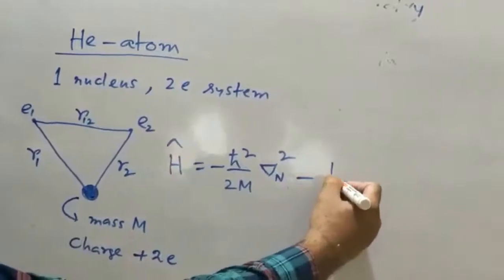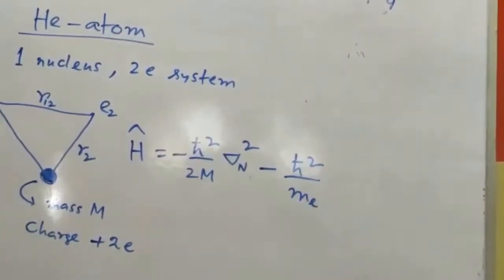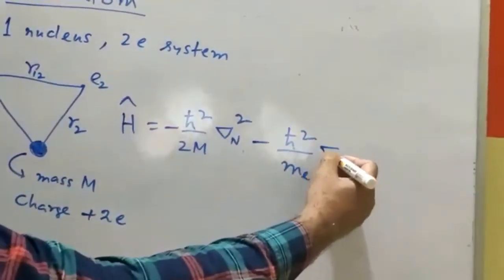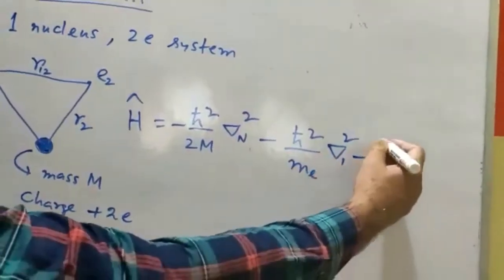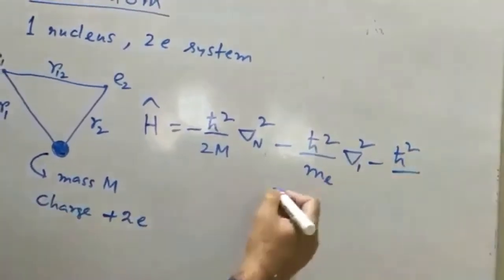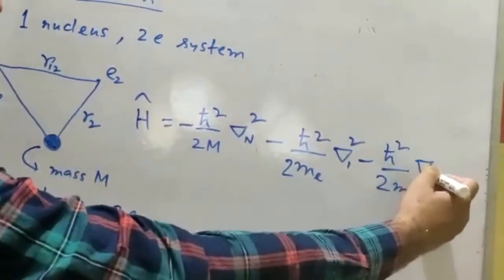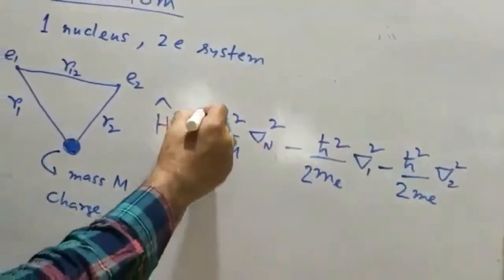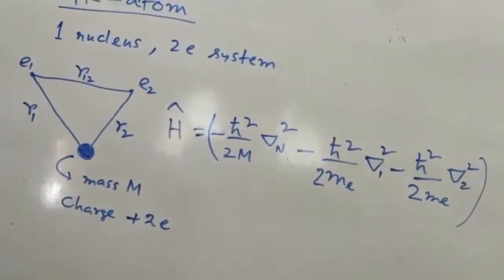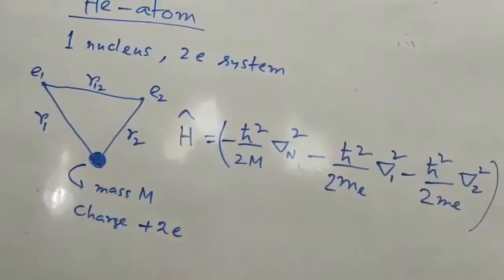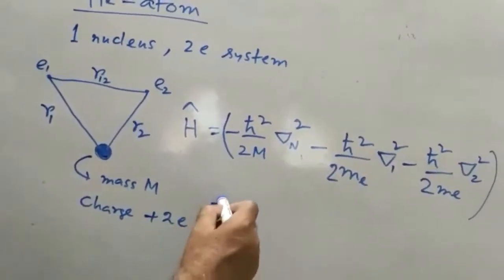We write minus h cross square by 2me del 1 square, where me is the mass of the electron and this is the Laplacian operator for electron 1, and minus h cross square by 2me del 2 square. This is the Laplacian operator for electron number 2. So this is the kinetic energy part. There is also the potential energy part. So plus the potential energy part.